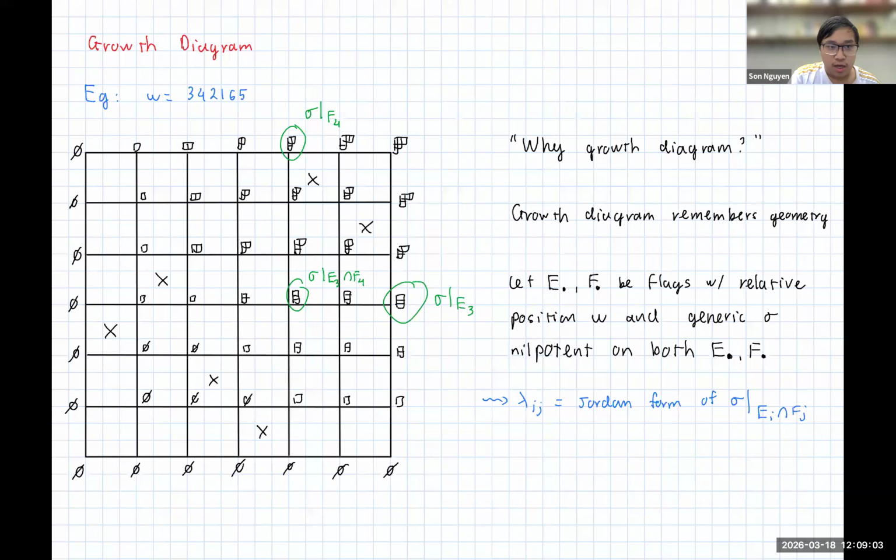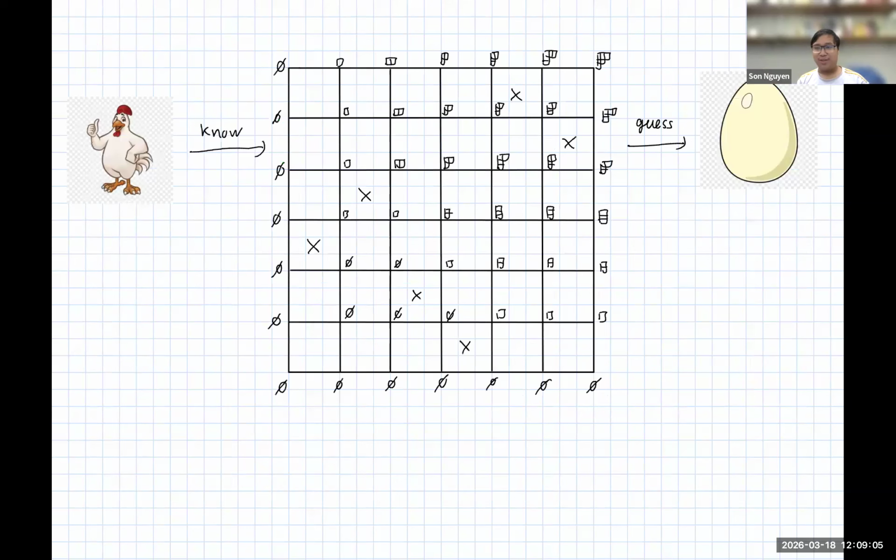Cool. So this is where I get to the chicken and the egg. If you have a chicken, aka some RSK algorithm, you can always draw the growth diagram. All you need to do is, I know my recording tableau, so I put it on the top row.